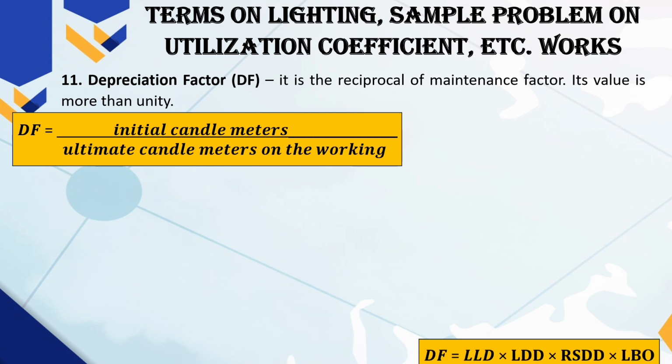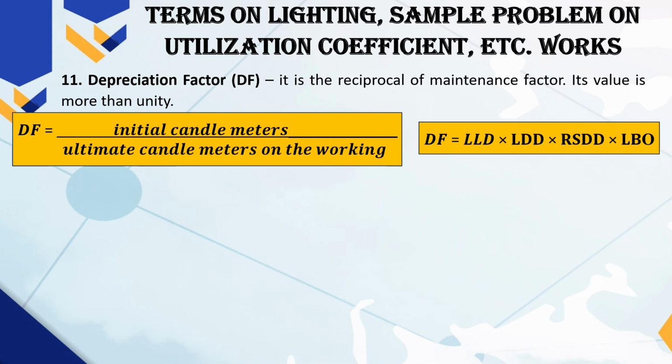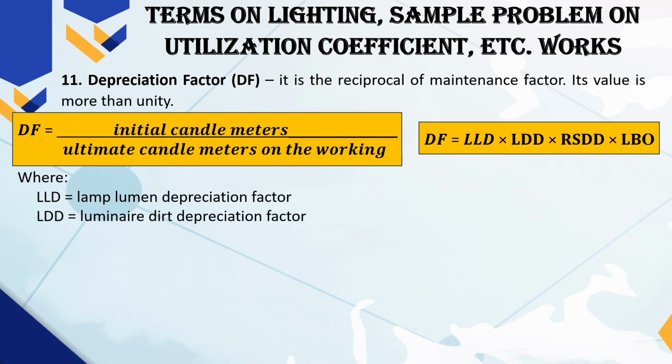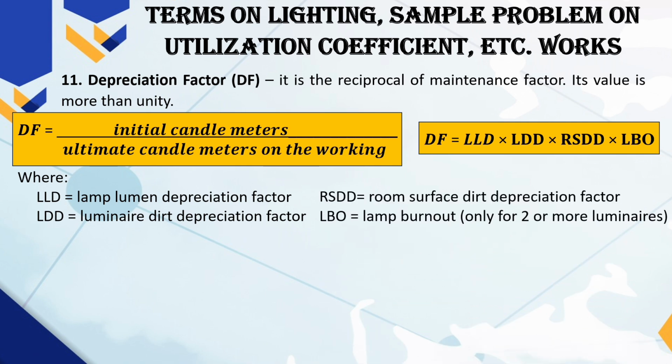We also have another formula where DF is equal to LLD multiplied by LDD multiplied by RSDD multiplied by LBO, where LLD is equal to lamp lumen depreciation factor, LDD is equal to luminaire dirt depreciation factor, RSDD is equal to room surface dirt depreciation factor, and LBO is equal to lamp burnout, only for two or more luminaires.